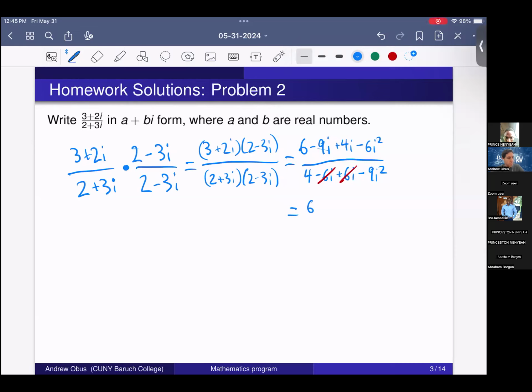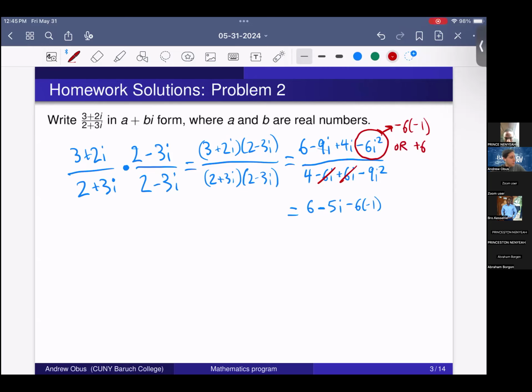Minus 5i. Minus 6 i squared, and i squared is equal to minus 1. So this is minus 6 times minus 1, or plus 6.